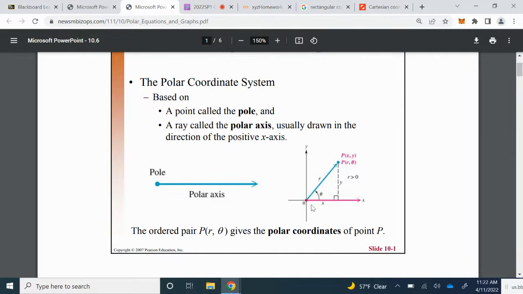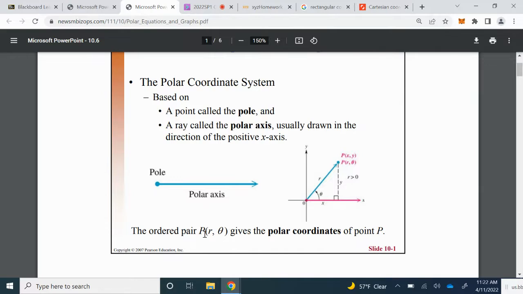Okay? So if you think about an angle, we talked about angles in standard position, and they all begin along the positive x-axis. So when we talk about polar coordinates, we're assuming that all of these polar coordinates are in standard form, basically, if you think about an angle.